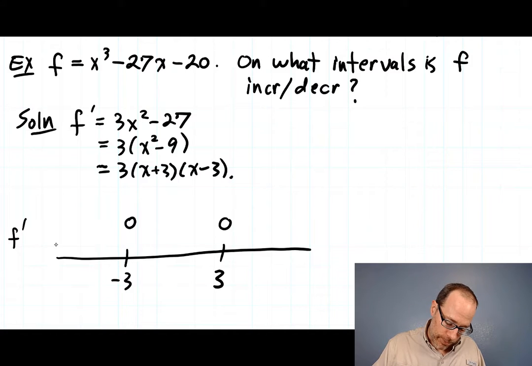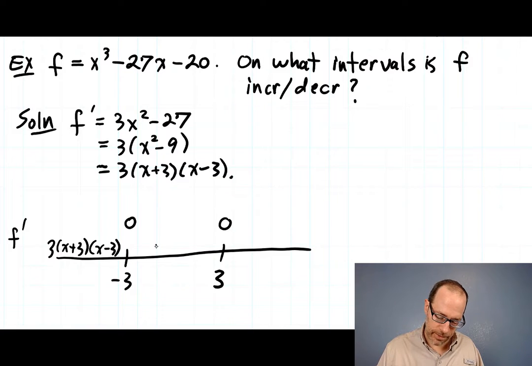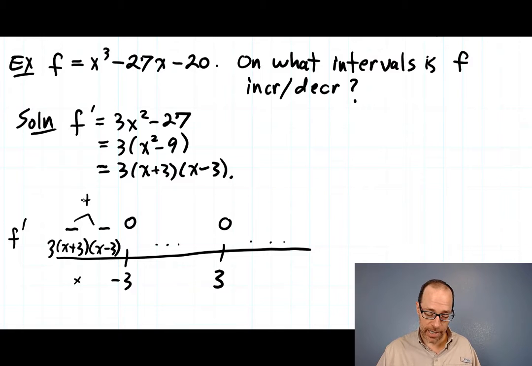So remember, f prime is x plus 3 times x minus 3. It's the same function everywhere. But when x is over here and it's smaller than negative 3, like negative 4, then this term will be negative, and this term will be negative. So their product altogether, f prime, will be positive on this part of the interval.